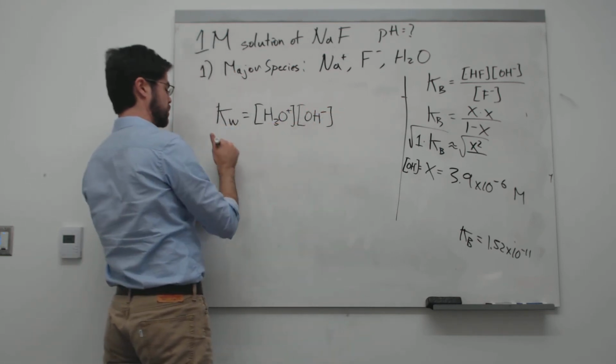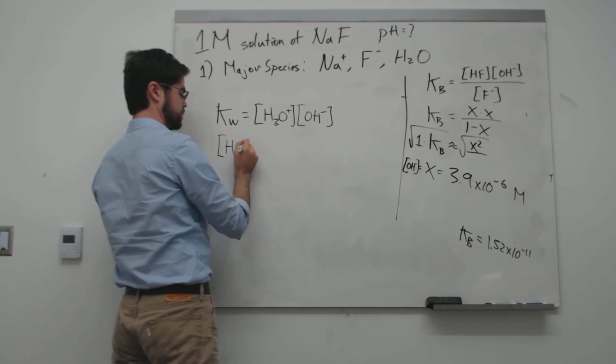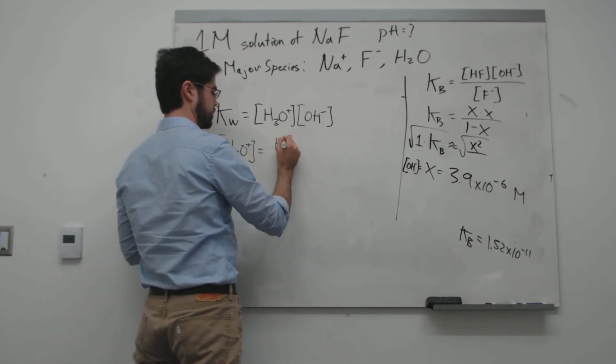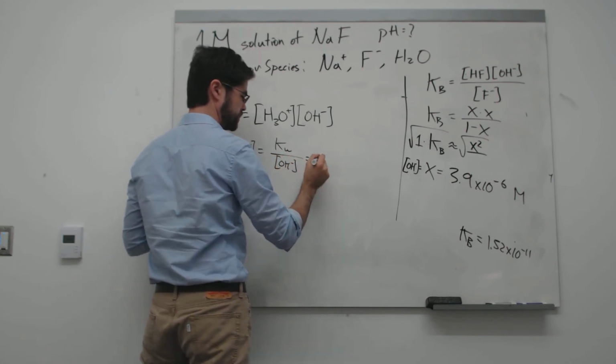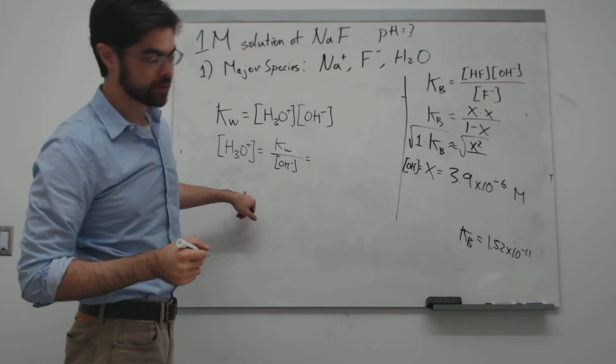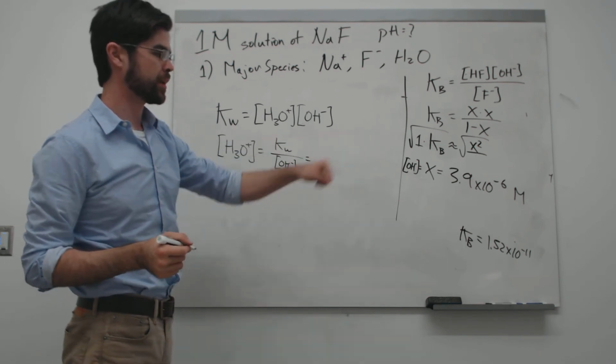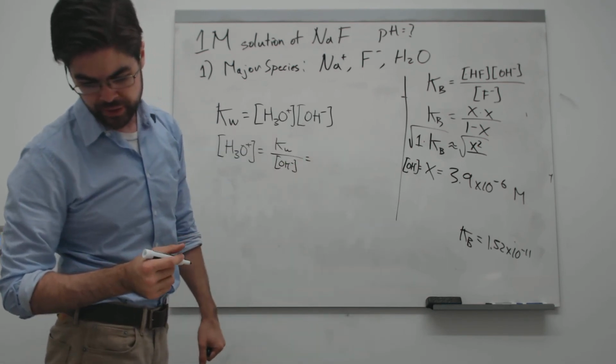So I can solve for the hydronium concentration. That ends up being 10 to the negative 14 divided by 3.9 times 10 to the negative 6.